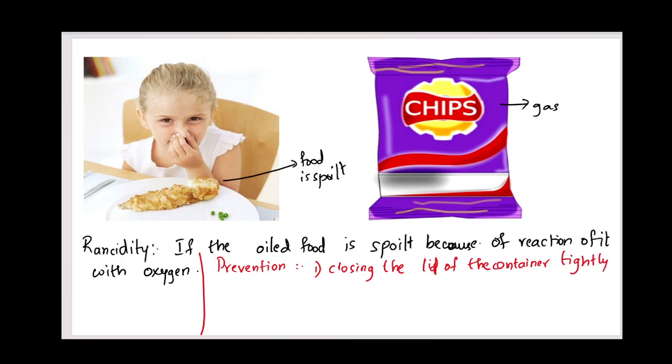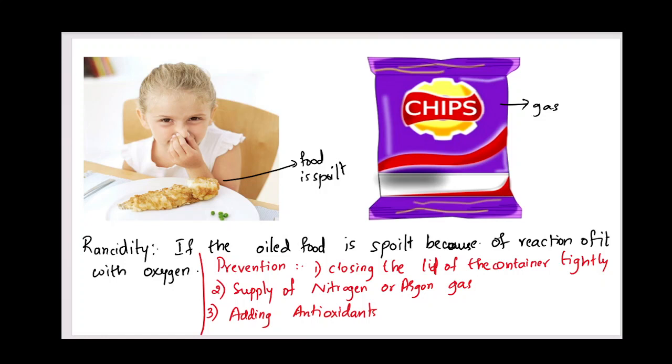Then supply of nitrogen or argon gas to the packets of the chips, such things and all, and adding antioxidants to the food item. Okay, antioxidants to the food item is called as a prevention. These are the prevention of the rancidity.